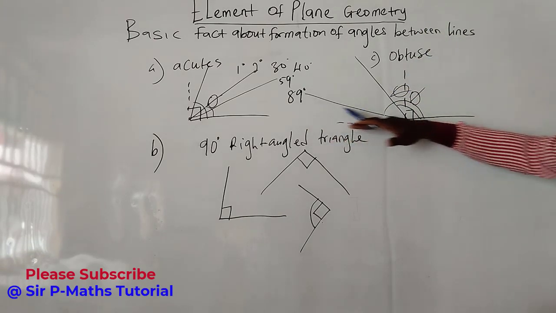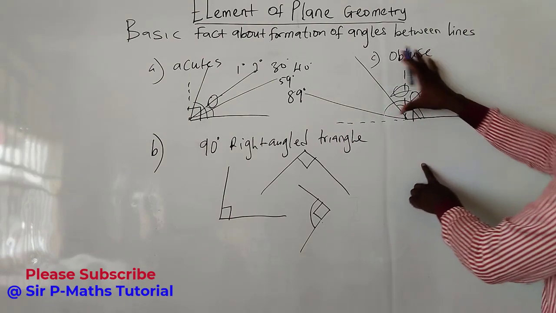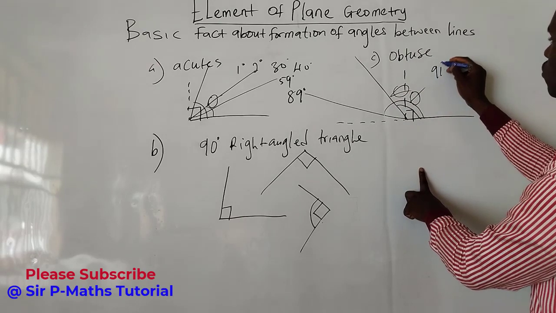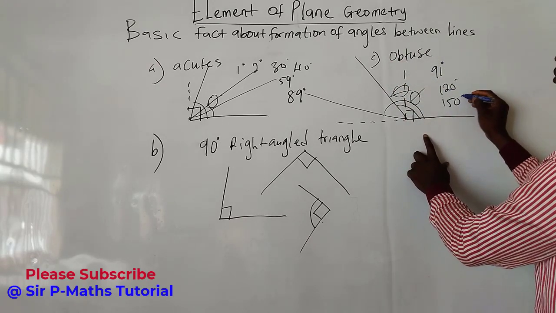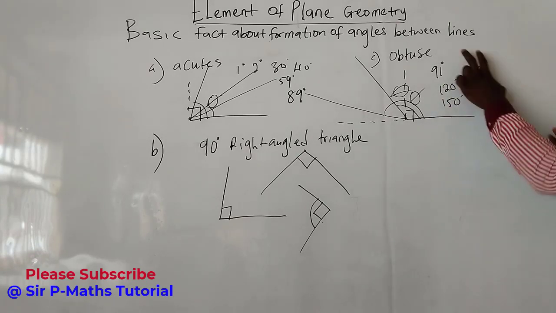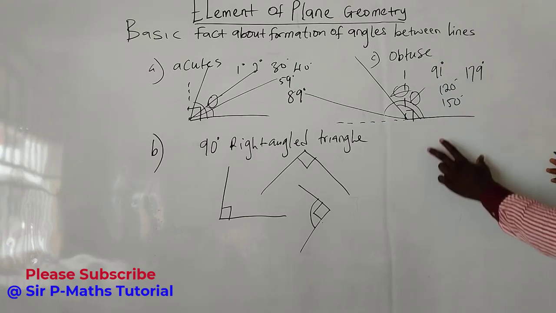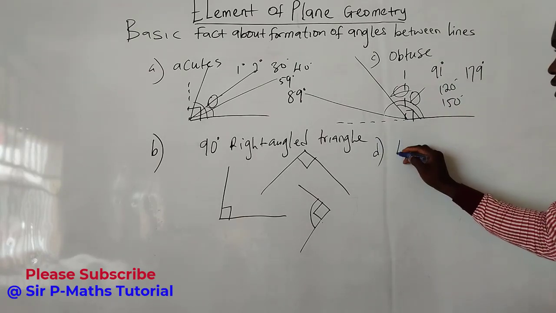But as soon as it gets to the next line, it forms angle on a straight line. But let's list the examples we can obtain here. 91 is obtuse, 120 is obtuse, 150 is obtuse, until we get to 179. These are all obtuse angles. Now the fourth one we consider is angle on a straight line.